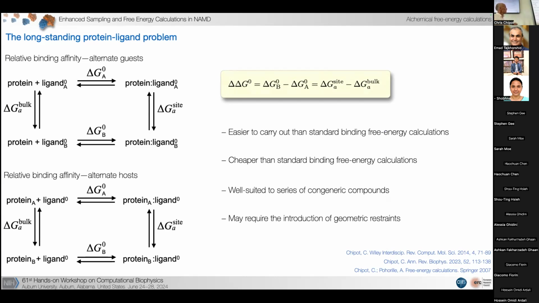This is what we have here. Or we're comparing two hosts. This is what we have here. So if we're comparing two ligands, what experiments will give you for this equilibrium, protein plus ligand A gives protein bound to ligand A.